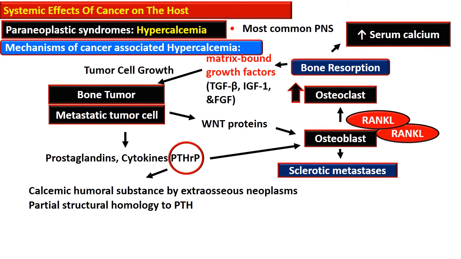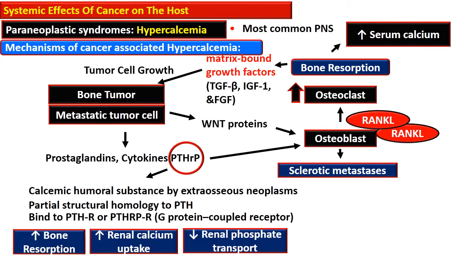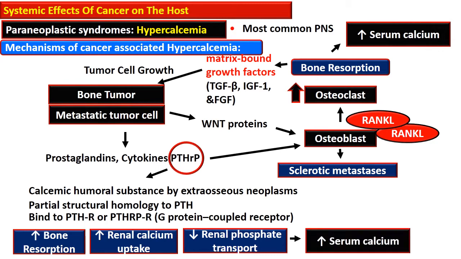This substance has partial structural homology to the parathyroid hormone and binds to the parathyroid hormone receptor or parathyroid hormone related peptide receptors that are G protein coupled receptors. So this hormone binding will result in increased bone resorption, increased calcium uptake and decreased phosphate transport that will lead to increased serum calcium.